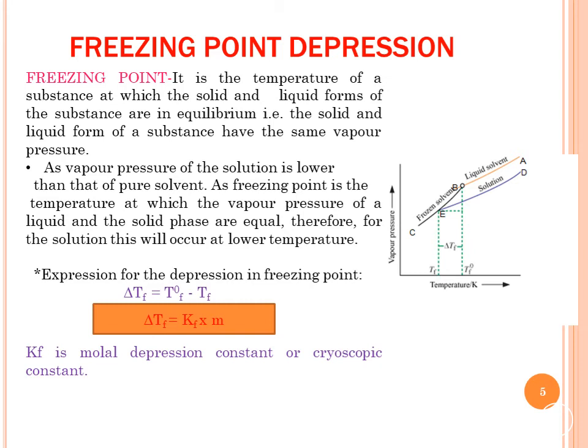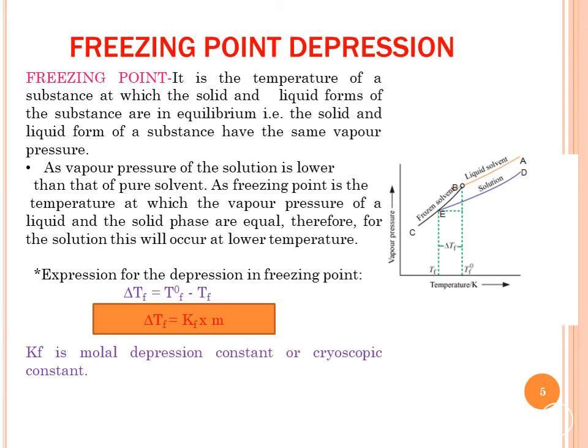Whereas in case of solution, as we decrease the temperature, the vapor pressure decreases along the path DE. You can see that E is the point where the vapor pressure of the solution becomes equal to that of the solid's vapor pressure. So this point E represents the freezing point of the solution, because at this point the vapor pressure of the solution becomes equal to the vapor pressure of the solid.